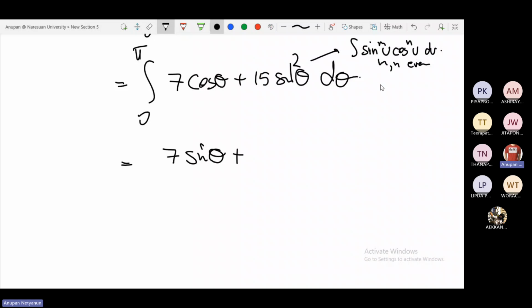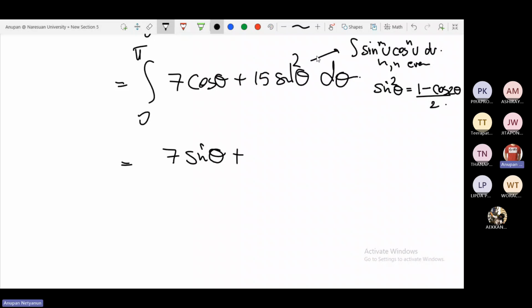What you need to do is change this to be a trigonometric function of power 1, changing power 2 to power 1. So sine squared becomes 1 minus cos 2 theta over 2. See? Change trigonometry of power 2 to power 1, but you have to have the double angle over here.